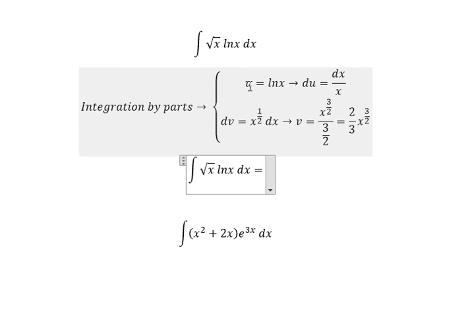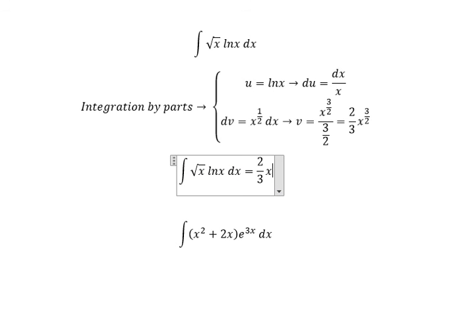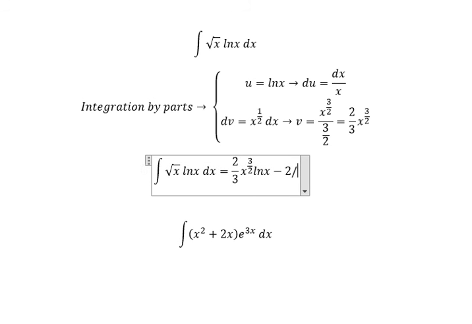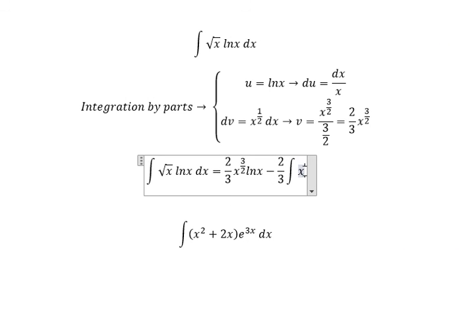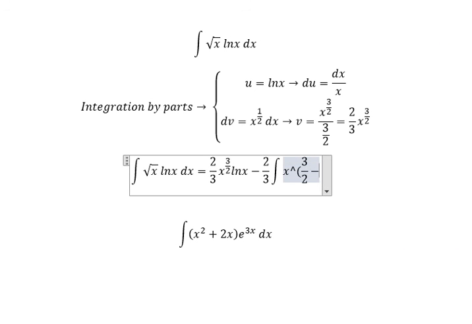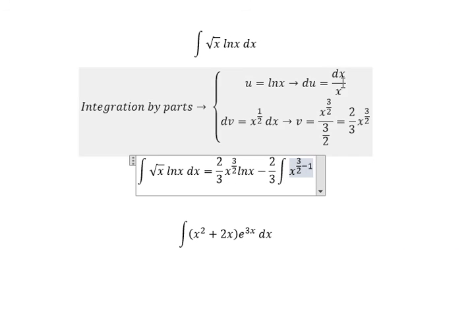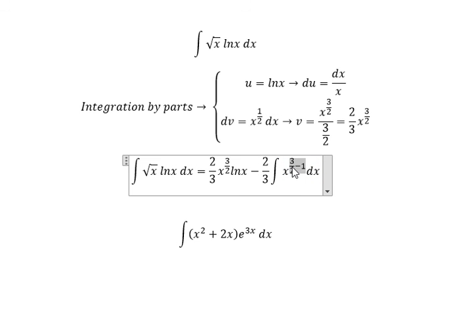So we have u multiplied with v. And we have negative 2 over 3, the integral of s to the power of 3 over 2 minus 1, because we have the 1 over s, and this one we will get 1 over 2.